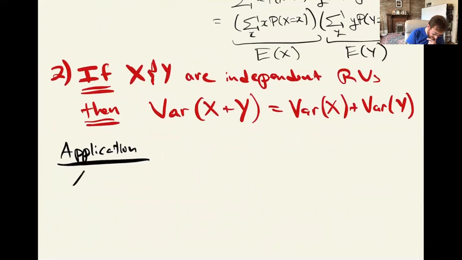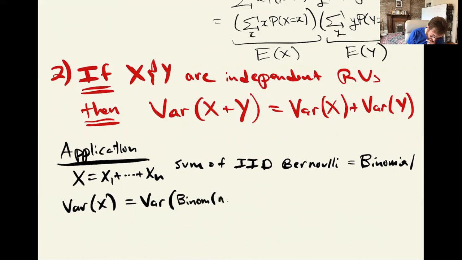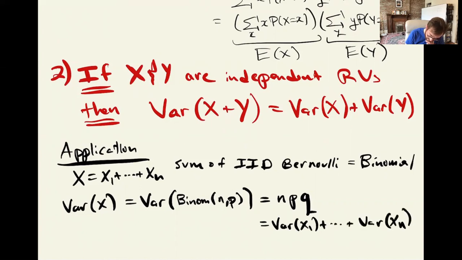If I want X to be the sum of IID Bernoullis, this equals a binomial, then I can compute that the variance of X, and hence the variance of a binomially distributed random variable out of n tries, probability p in each try, is equal to n times p times q, because this just equals the variance of X1 all the way up through the variance of Xn, which is pq, all the way up through pq.